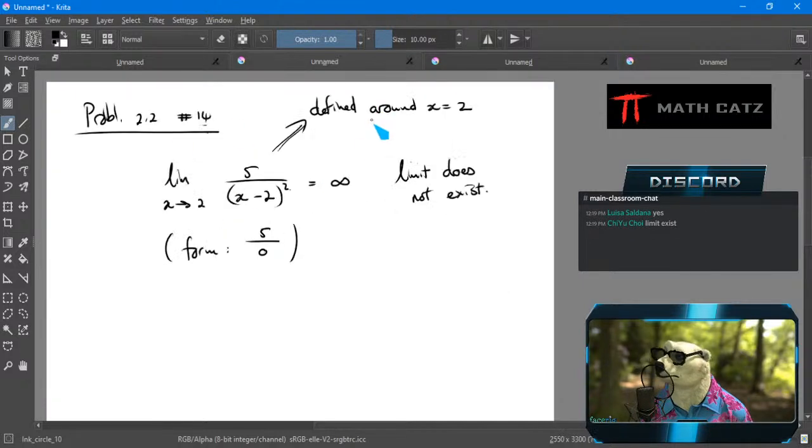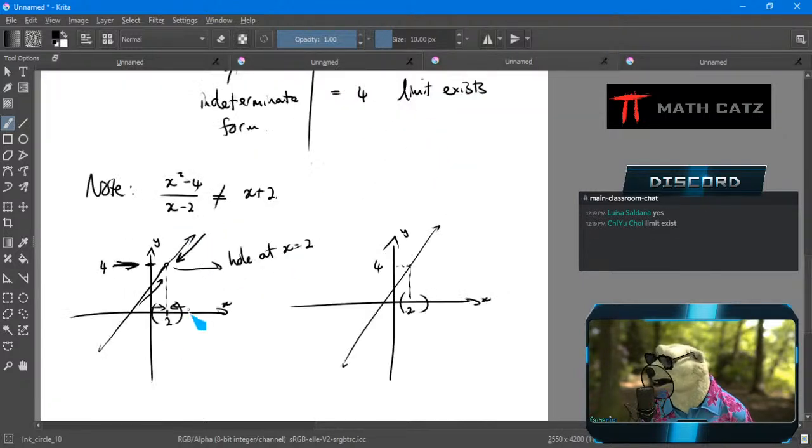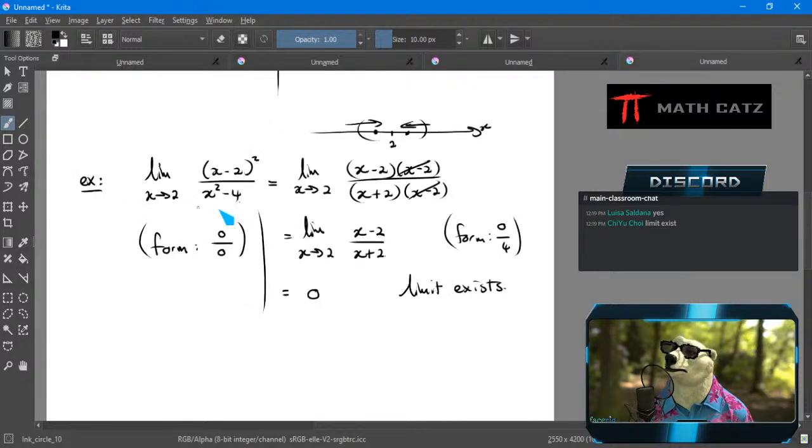In general, behind the scenes, when I have a 0 over 0 form that I can sort of get rid of, it shows that there's just a little hole there. Nothing major happened. Nothing to be concerned with.